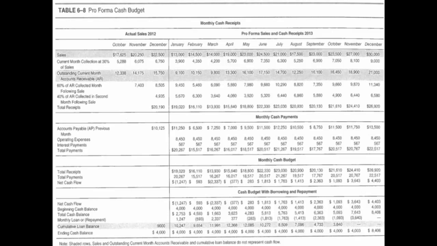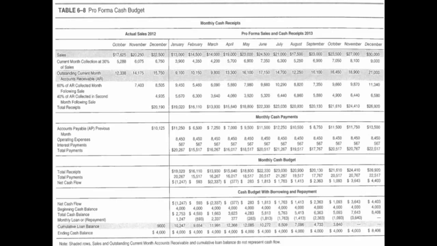In addition, 60% of the previous month's credit sales are collected in cash this month. Therefore, the business receives another $9,450 cash in January, which is 60% of December credit sales of $15,750.